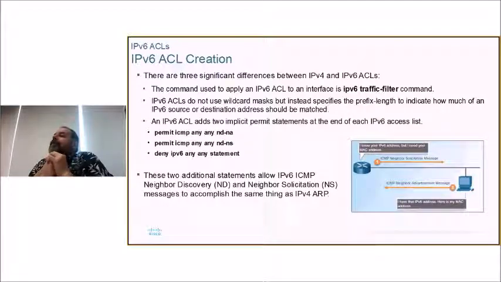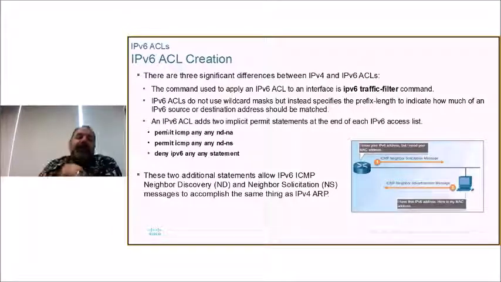Now, IPv6 actually has 3 implied statements in it, because we have neighbor solicitation and router solicitation. And so you actually have to let that traffic in. The hosts need to be able to find the router.